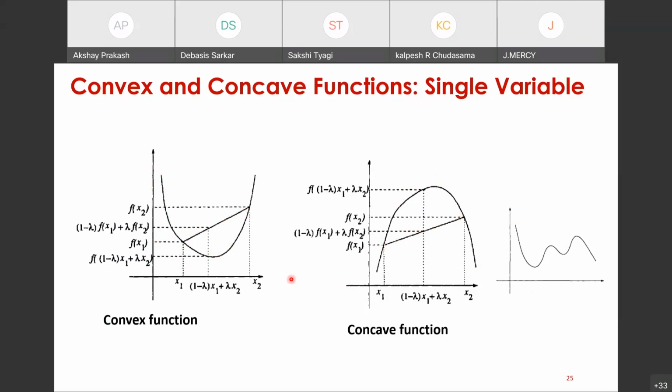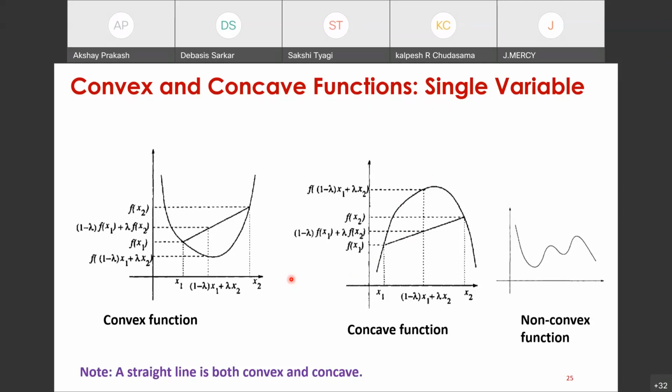So these two things are important for a linear programming problem: the objective function is linear and all the constraints are linear, and all the constraints constitute a convex region. And by definition, a straight line is both convex and concave.